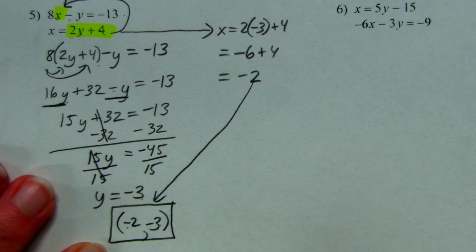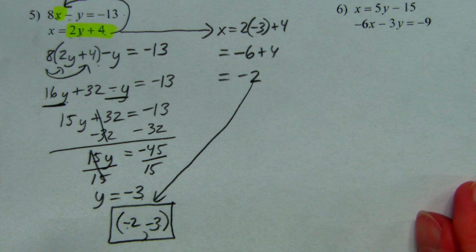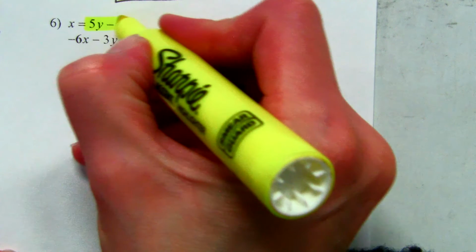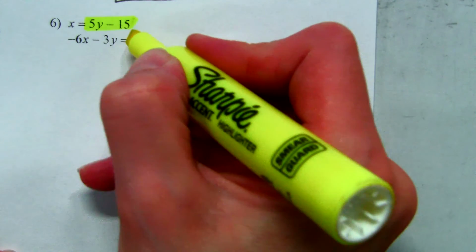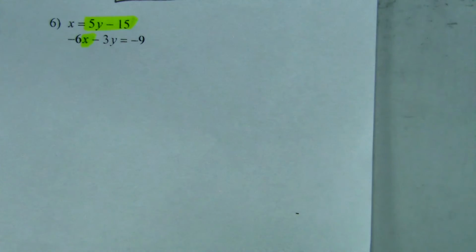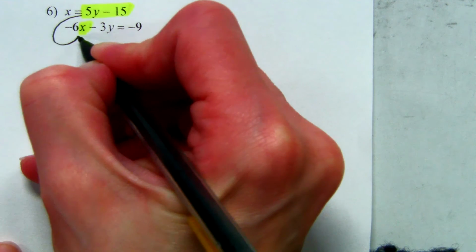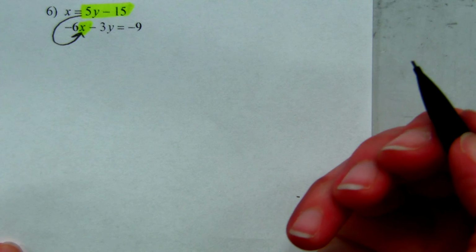Okay? One more of these, and then I'm going to talk about how you can check your answers. So let's go over to number 6. On number 6, my top equation is x equals 5y minus 15. So what I'm going to do is take all of that, since it equals x, and put it into this equation down here where the x is.